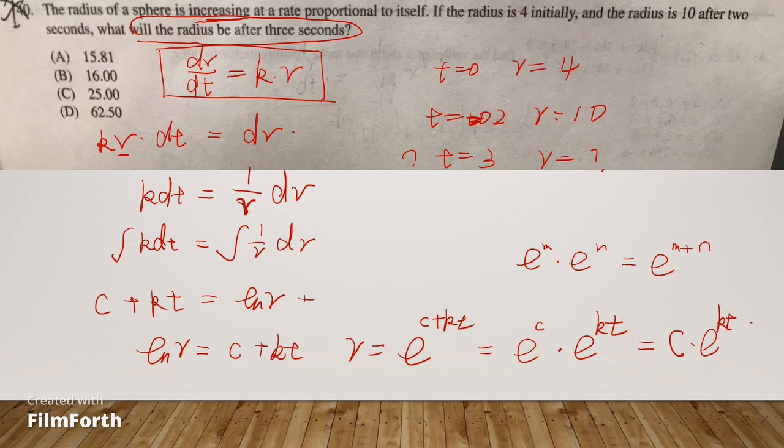Now we just need to plug in the information given by the question. The first one is t equals 0, r equals 4. So we plug in this first. We need to have some space.